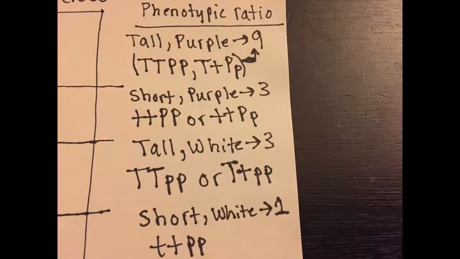And so what you'll see is below each of these I have the genotypes for the specific phenotype that corresponds. So you can go back through your Punnett square and count up to make sure that this is actually the way it should turn out, which it is.